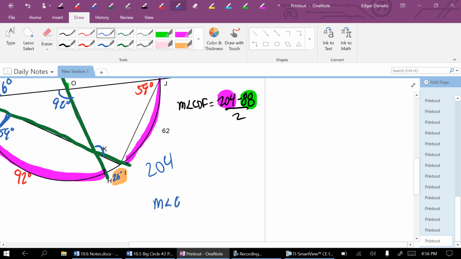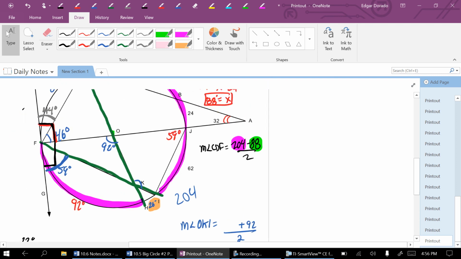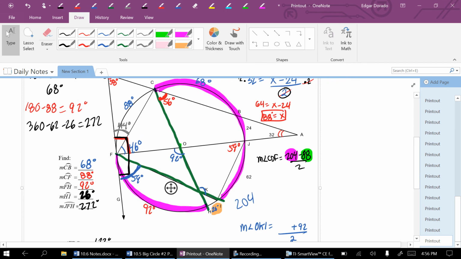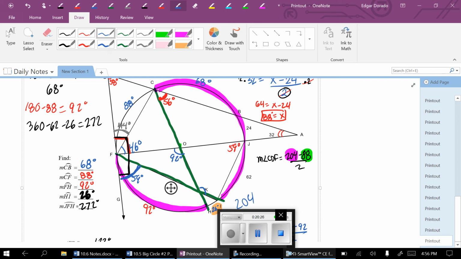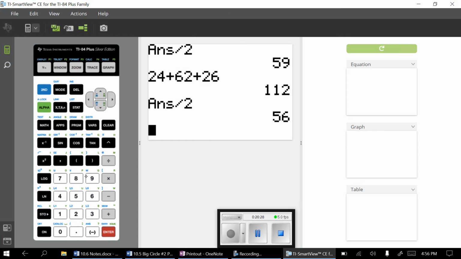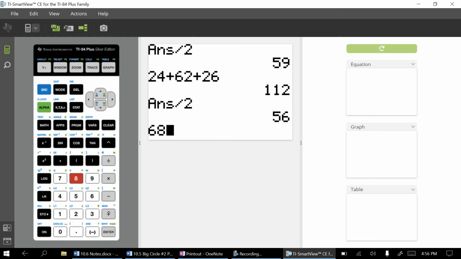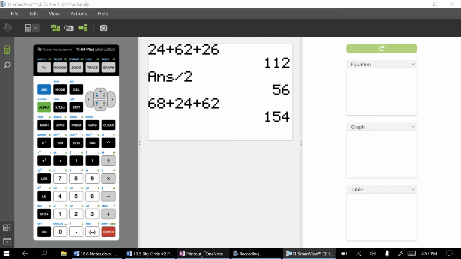The measure of angle OKI is going to be equal to the big arc plus the little arc divided by 2. So the little arc is definitely going to be 92. For the big arc, I've got to add up 68 plus 24 plus 62. That's 154.